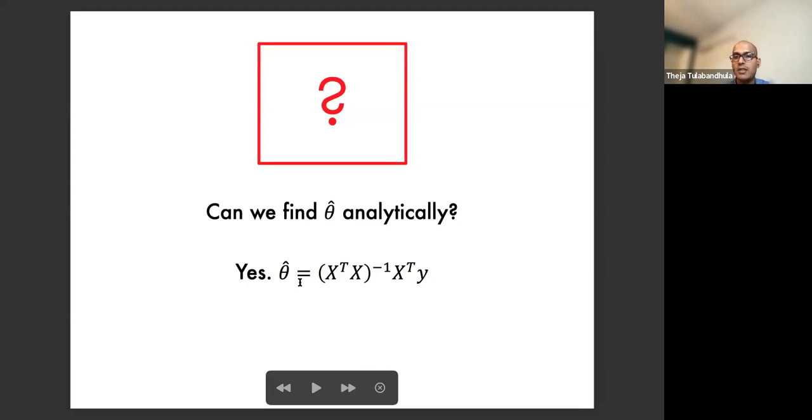So we have a formula representing the best parameters corresponding to the loss function, the 2 norm square minimization of the residuals. That theta hat is solved by a system of equations. You can just solve it using A inverse B, where A is X transpose X and B is X transpose Y. Any questions here?